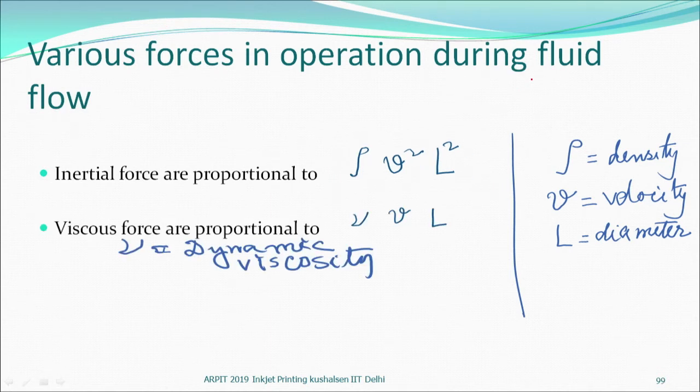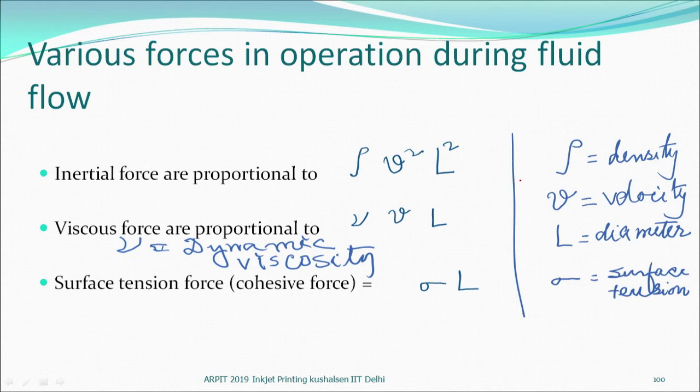Then there are other forces which are called the viscous forces. They are proportional to the dynamic viscosity, velocity and diameter. And surface tension forces, which are sometimes called the cohesive forces, are proportional to the surface tension and the diameter.